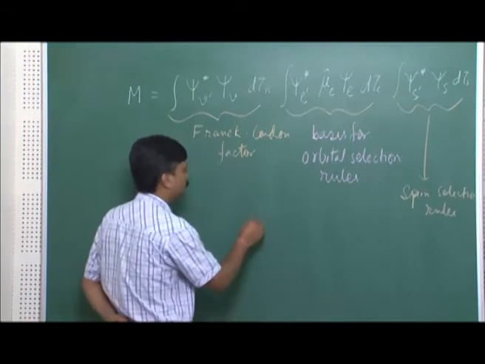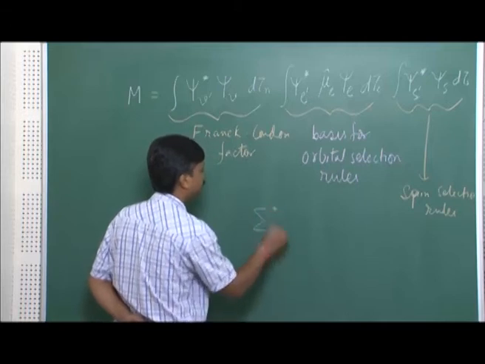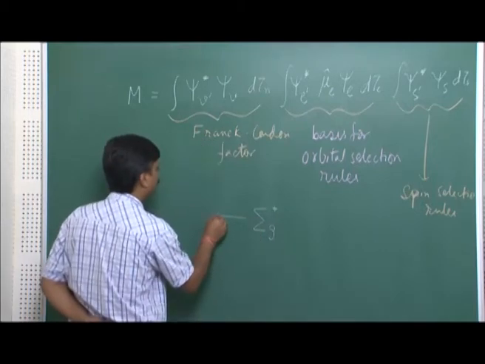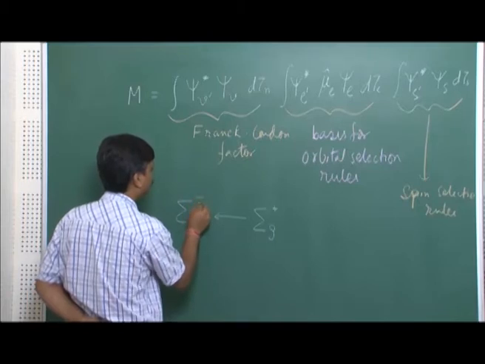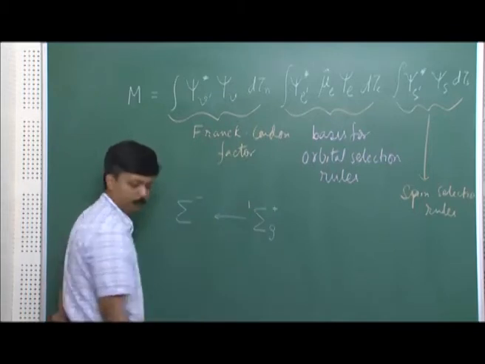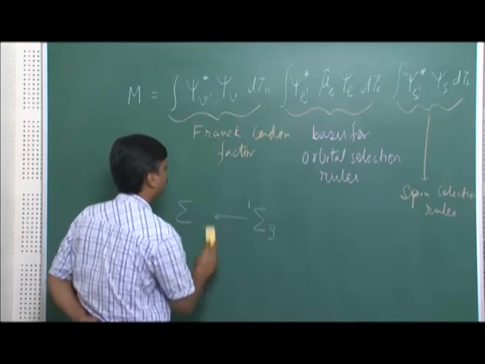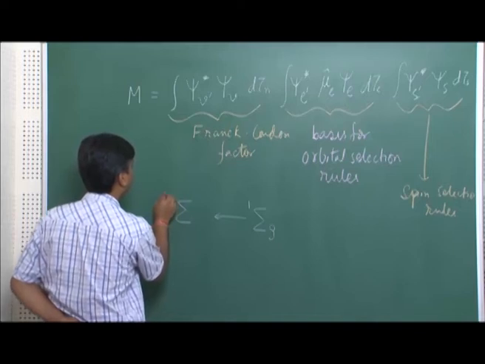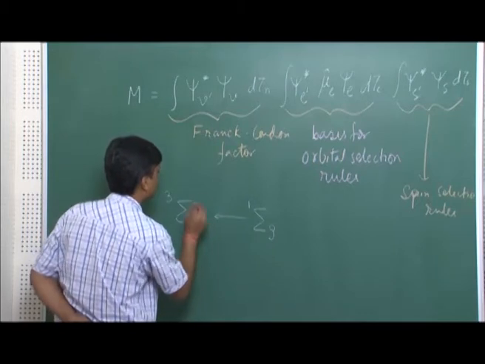So suppose I have a ground state, and I want to make a transition to another state.